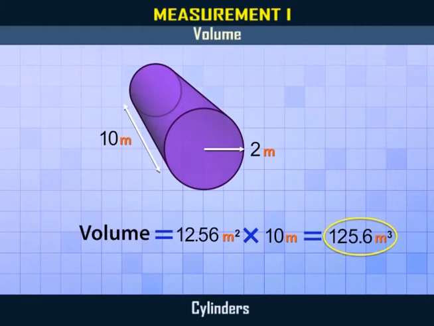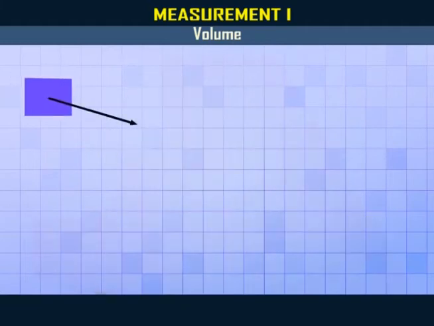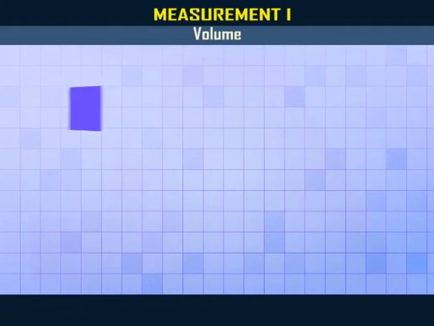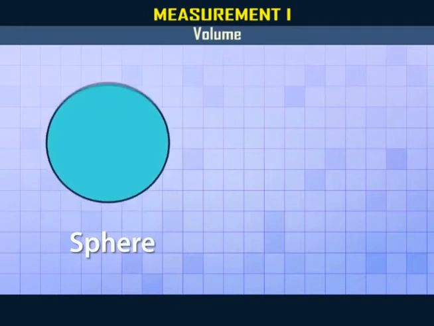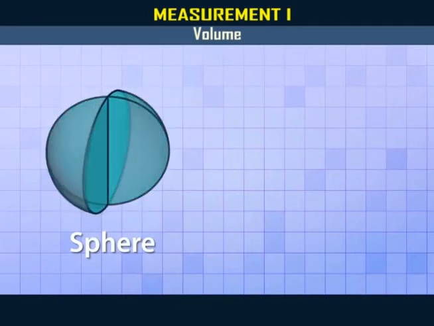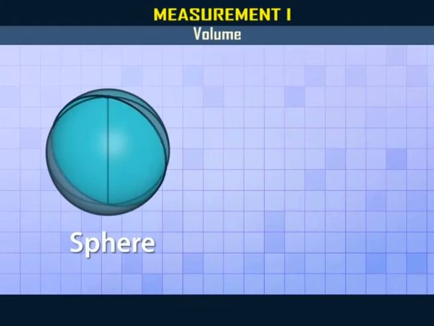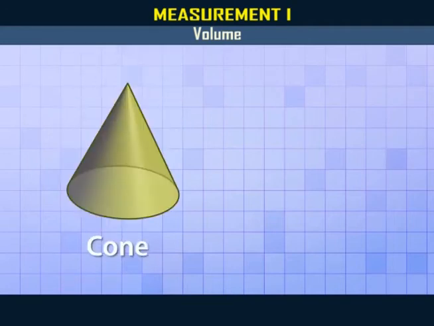However, not all three-dimensional shapes are made by extending a two-dimensional shape along the third dimension. Some are made by rotating the shape around its axis, like this sphere. One way to form a sphere is to rotate a two-dimensional circle along one of its diameter lines. Another three-dimensional shape formed by rotating a two-dimensional shape around an axis is a cone.